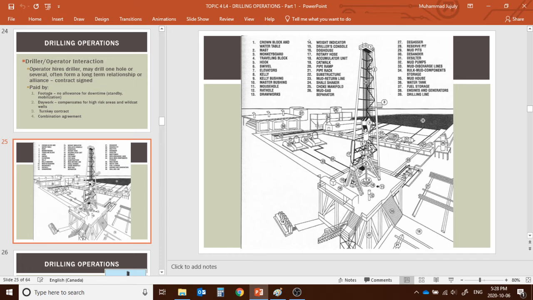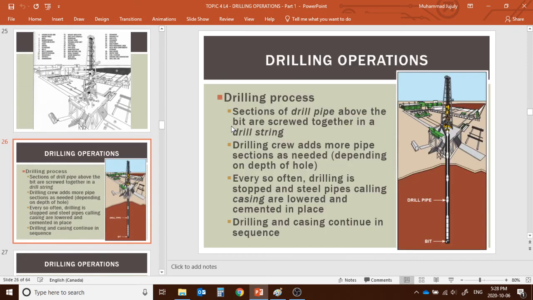What is a crown and block? What is the Kelly? What's the function of it? What's the Kelly bushing and its function? What are the mud cycles, pumps, and everything? Mud pits. That's exactly why this is a very important diagram. Please go through it. All the components are used for the drilling purpose.